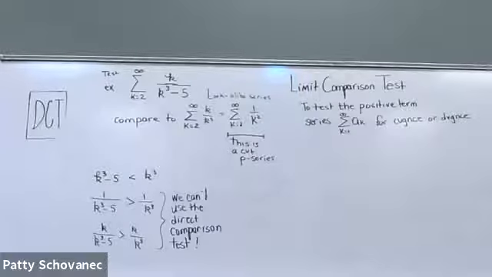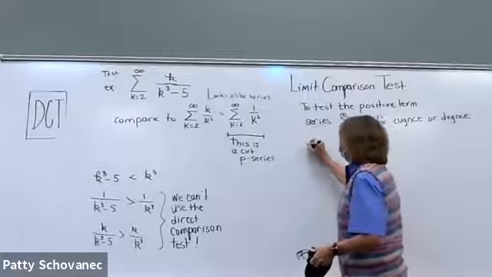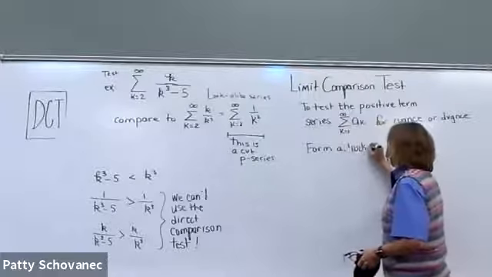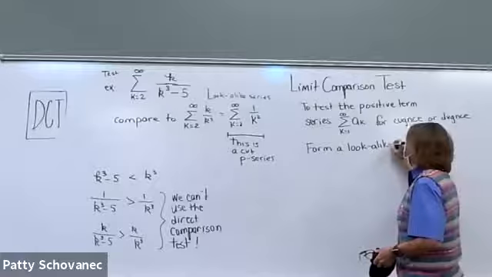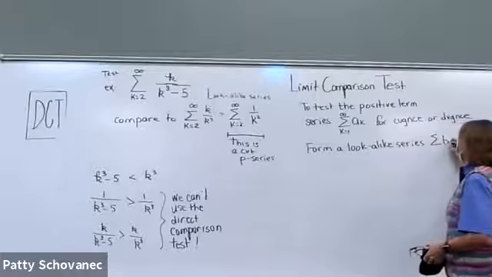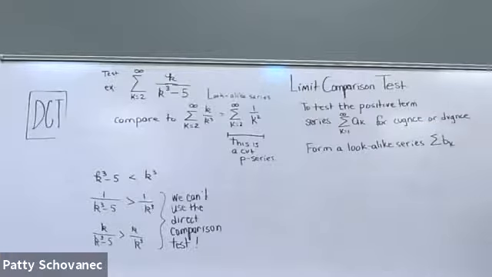We'll say test for convergence is the same as testing for divergence. It could be one or the other. You still form the lookalike series. Let's call it BK this time, whose convergence or divergence you know.